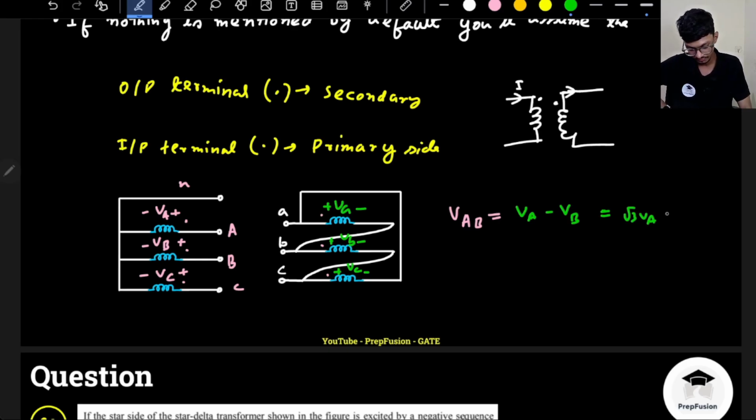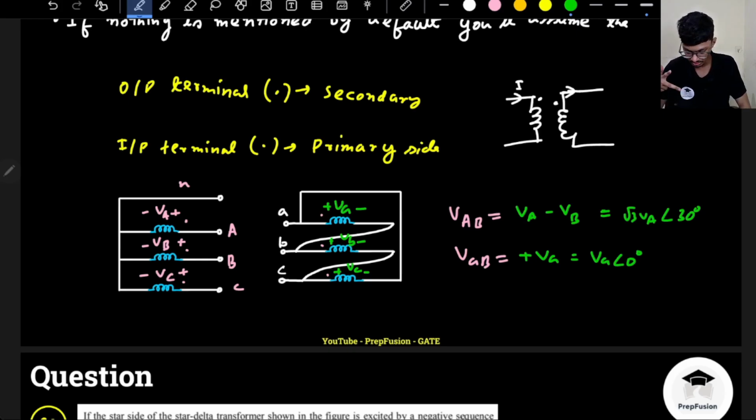It leads the phase voltage VA by 30 degrees. What about small vab? If I see, it is simply plus VA only, so it is basically VA angle of 0.